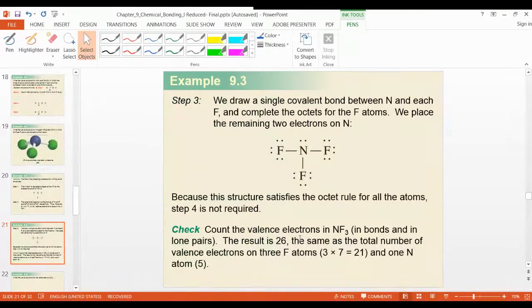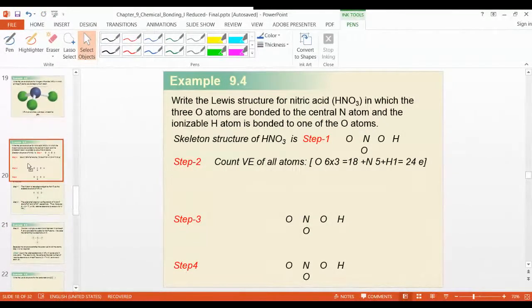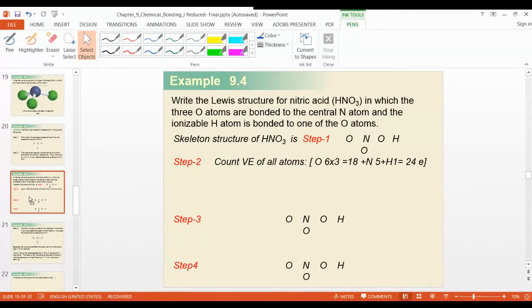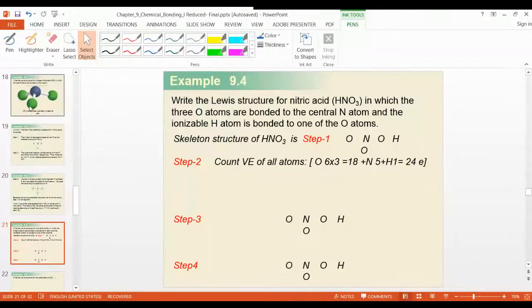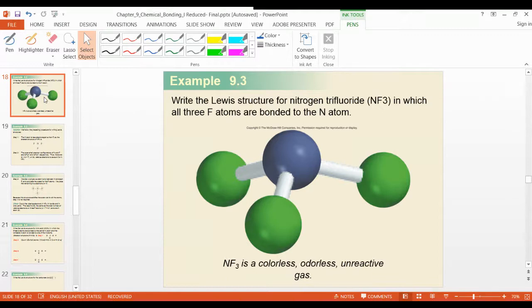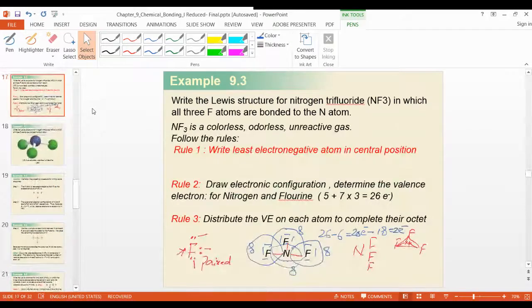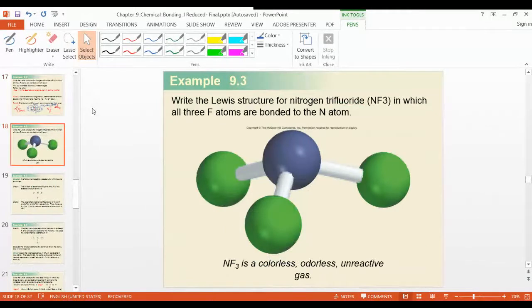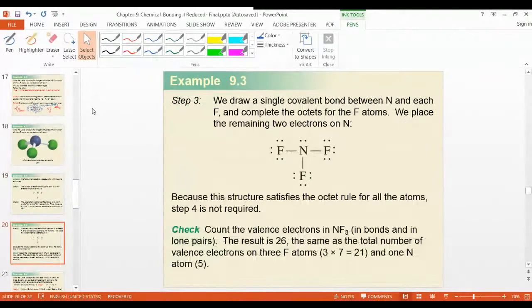This is the example here. So this example, as I showed you, this is not done.